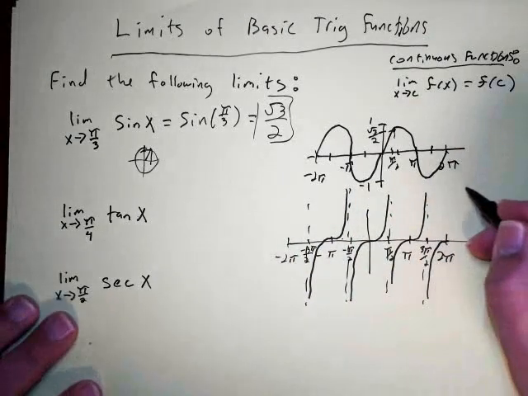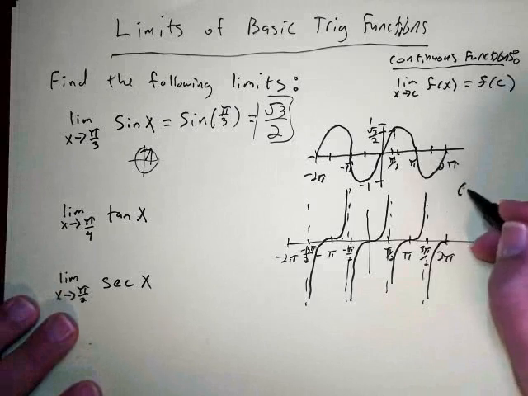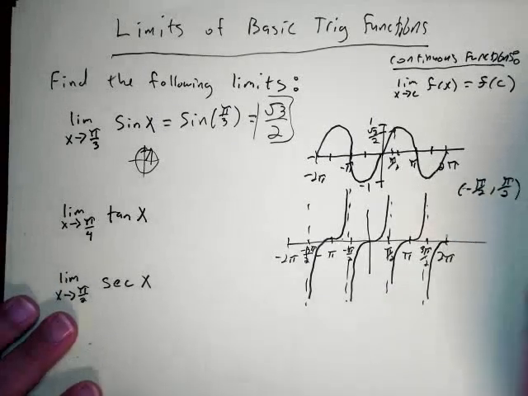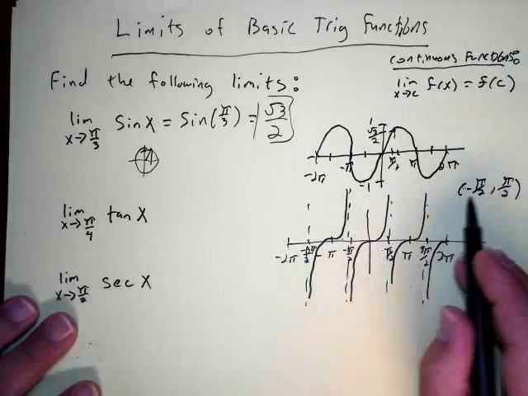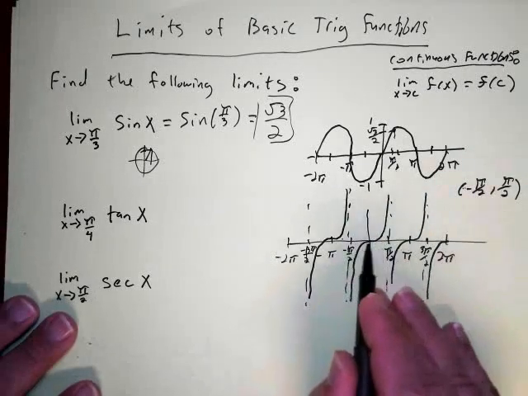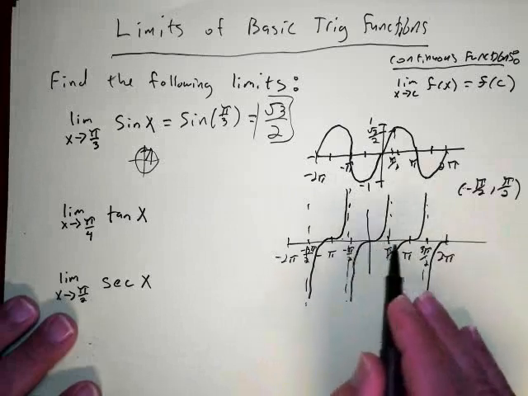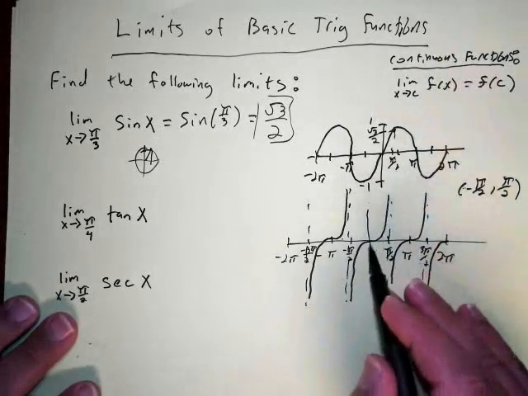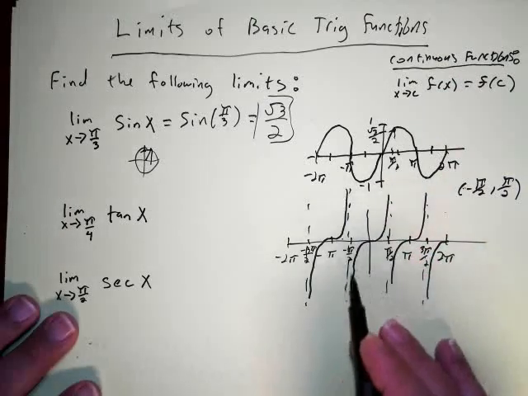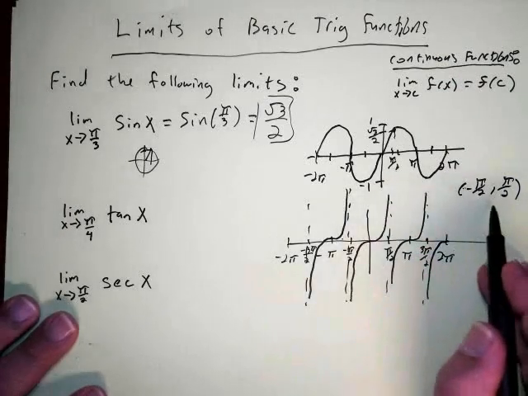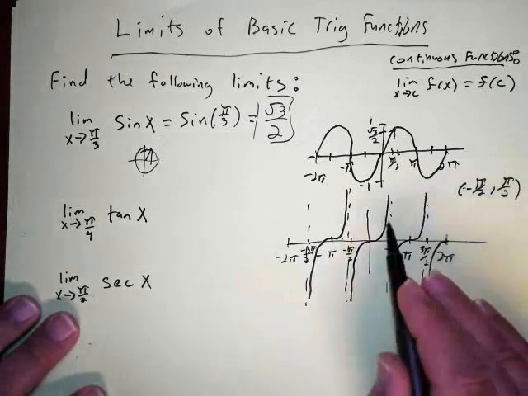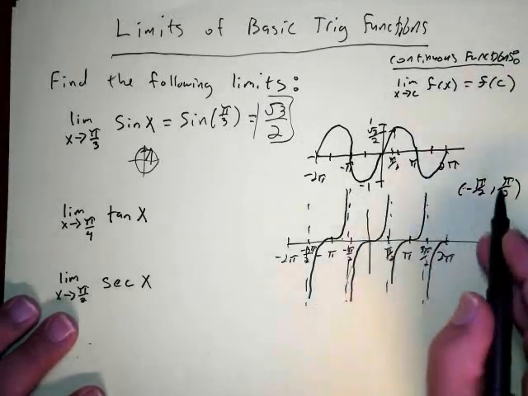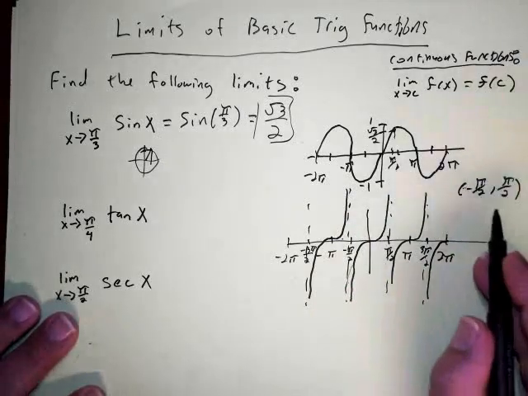Well, notice on the interval from negative pi over 2 to pi over 2, I'm not including the endpoints. These are all the points within the interval, but not the endpoints of the interval. This function, tangent, is continuous on that open interval. It is continuous, just not at the endpoints, because at the endpoints the limit doesn't exist and the function isn't defined there.